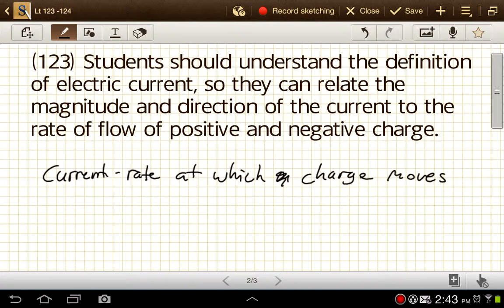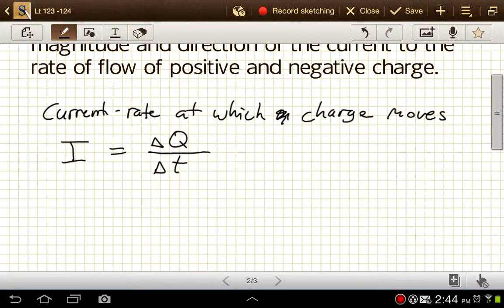And so in general, we'll say I, the current, is equal to the amount of charge that moves from one place to another, so the change in charge, divided by the amount of time it takes, and that's going to be in seconds. The charge will be in coulombs. So the units on current would be coulombs per second.